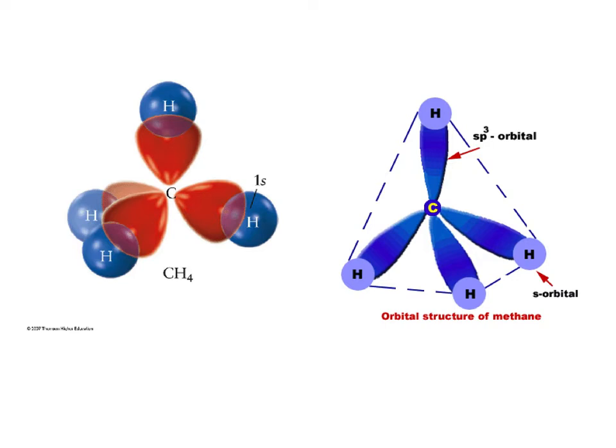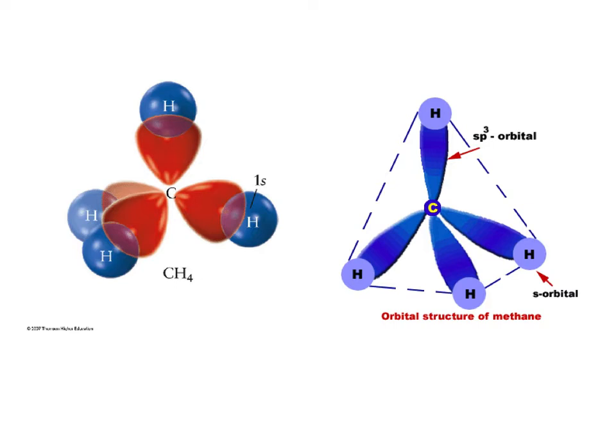You can see we end up with four equivalent overlaps. We end up with an angle of 109.5 degrees, and we end up with the tetrahedral shape that we predicted.